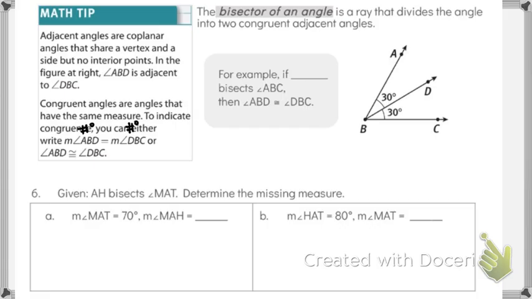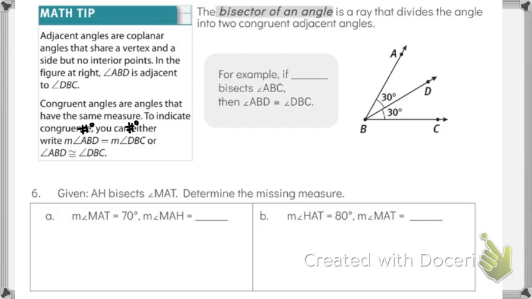So the measurement is equal to the measurement. Now, remember what congruency meant. Congruency is equal measure. So instead of writing M right here, congruency is looking at just the figure itself. It's telling you that this angle and this angle right here have the equal measurement, okay?